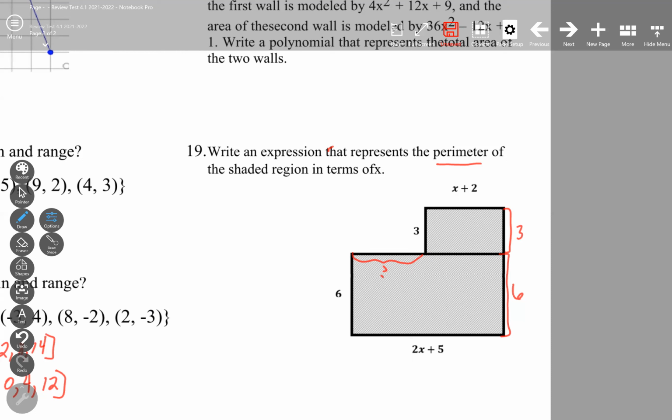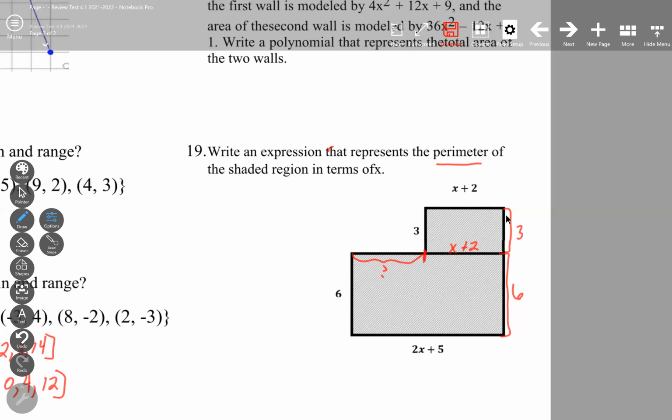Because we don't want the whole side of the big rectangle, right? We have to get rid of the length of this smaller part, don't we? So what's the length of the whole big side of the rectangle? 2x plus 5. But we want to take away this smaller piece. And remember, the smaller piece is going to be x plus 2, because that's what it is up here.